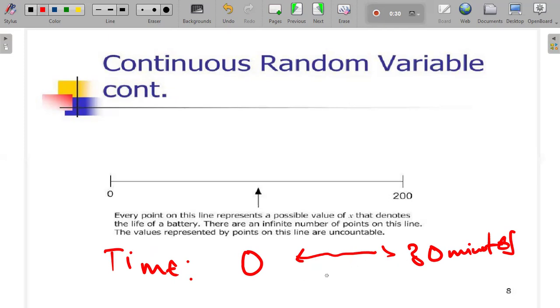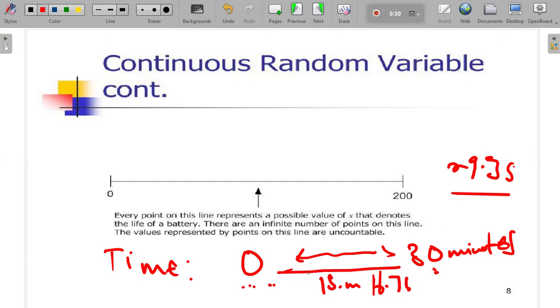Maybe today you walk in 15 minutes, you reach. Another day, it will be 16.7 minutes, you reach. Another day, you reach after 29.3 minutes. So any time between 0 and 30, as long as you are given a range there, you can take any value. That is called a continuous random variable.